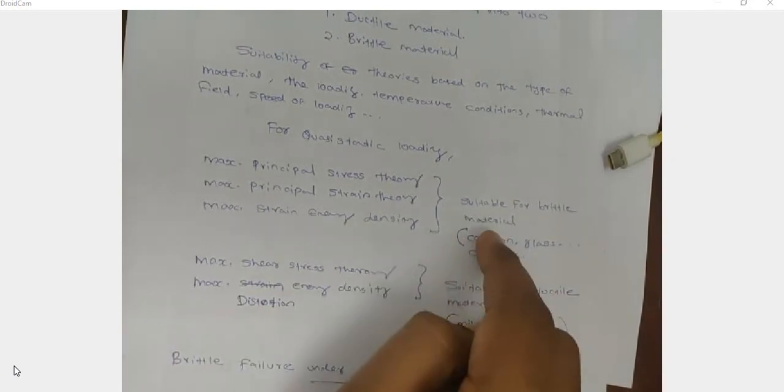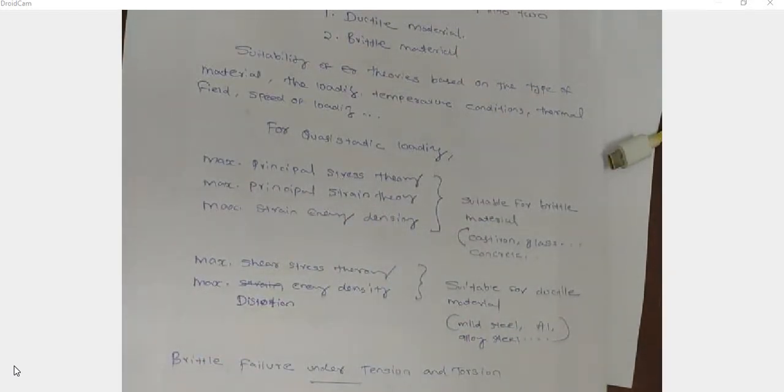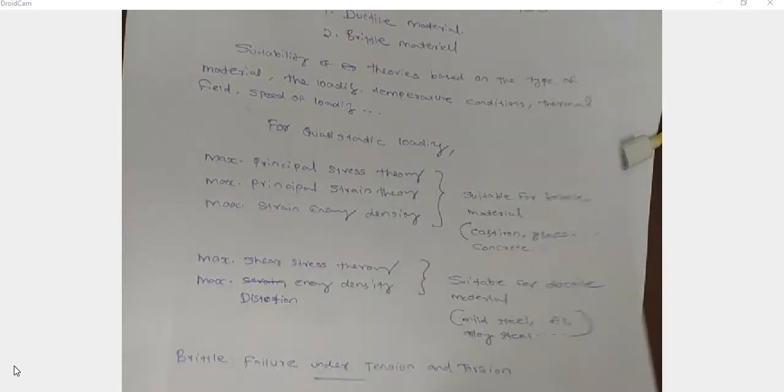And for brittle material, you have to use these three theories of failure. So that is the important point regarding the selection of the theory for the design of a component.